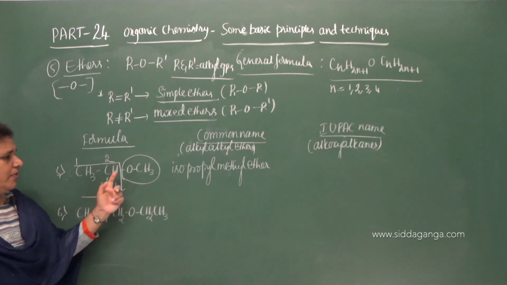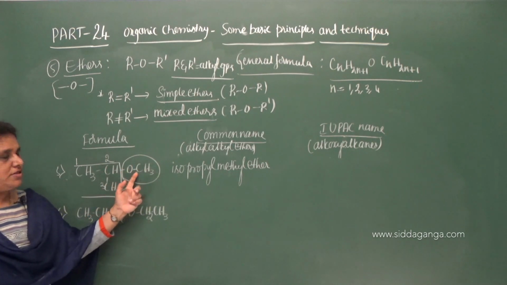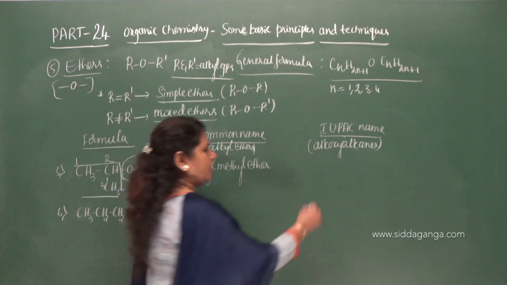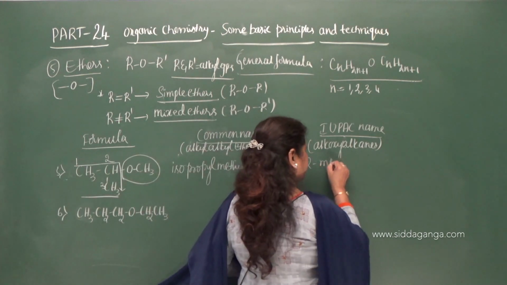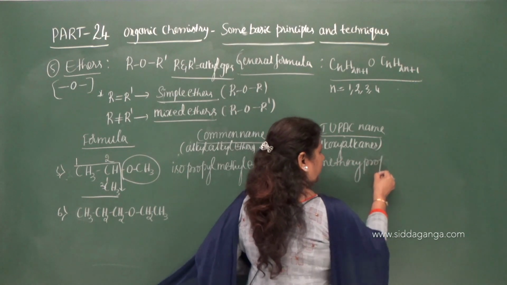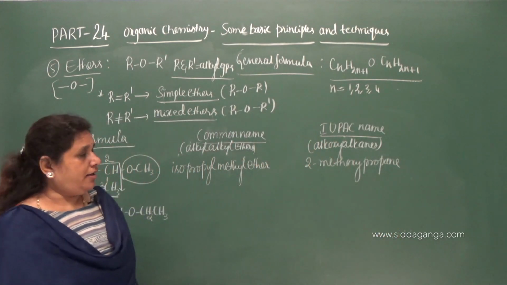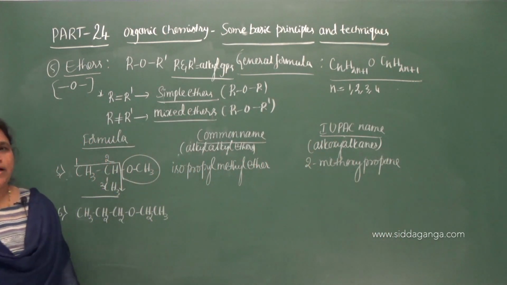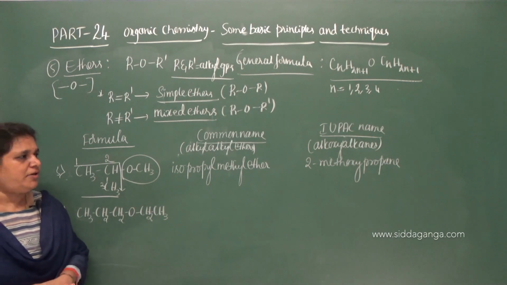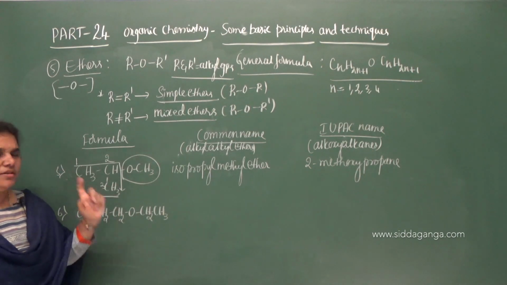Then what is the name? 2-methoxy. On the second carbon we have the methoxy group, 2-methoxypropane. What is the IUPAC name of isopropyl methyl ether? The IUPAC name of isopropyl methyl ether will be 2-methoxypropane. Okay, so remember this name.